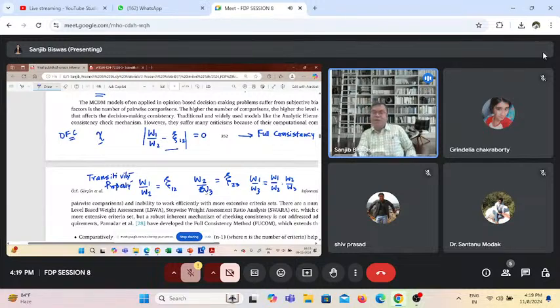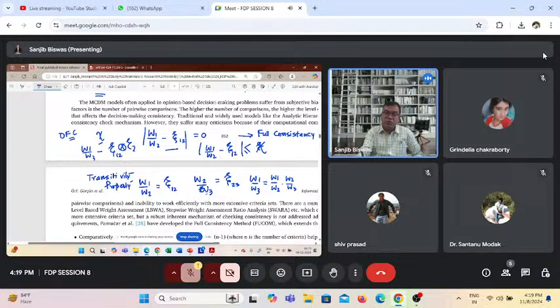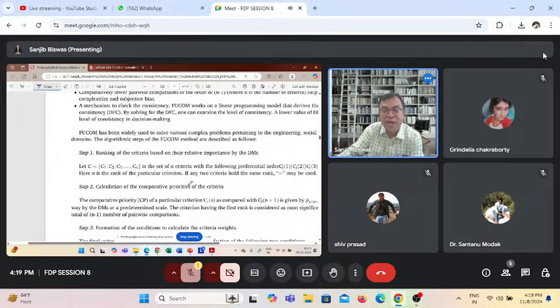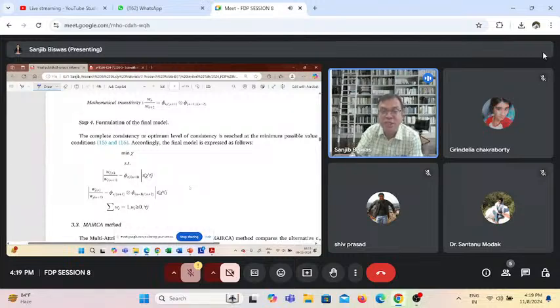Ideally the difference should be zero, but in a realistic case it doesn't happen, so the absolute value is less than or equal to the parameter psi. It also checks that W1 by W3, which equals phi 1 2 multiplied by phi 2 3, holds within psi as well. FUCOM works with this principle and forms inequality equations like this.